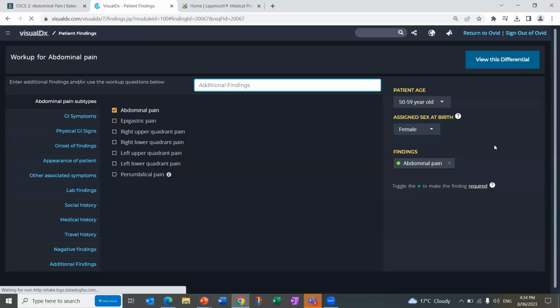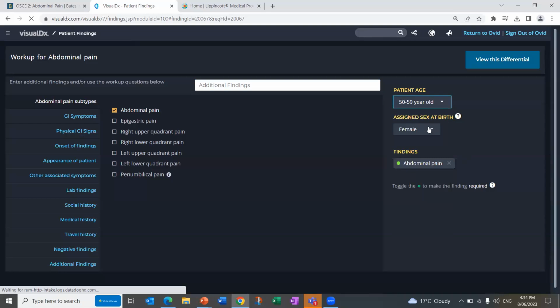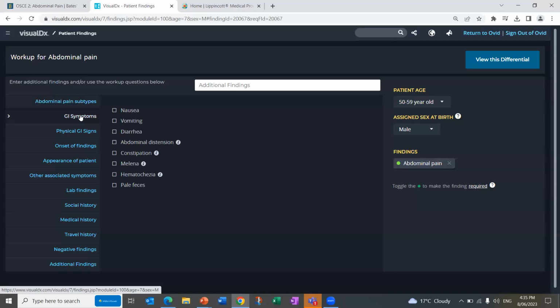They're an adult. They have this severe abdominal pain. They are of a particular age group. They are a man. So we've really begun by looking at the things that we can see in front of us. We can guide further that exploration of abdominal pain further if we need to by choosing from the buttons that we see.